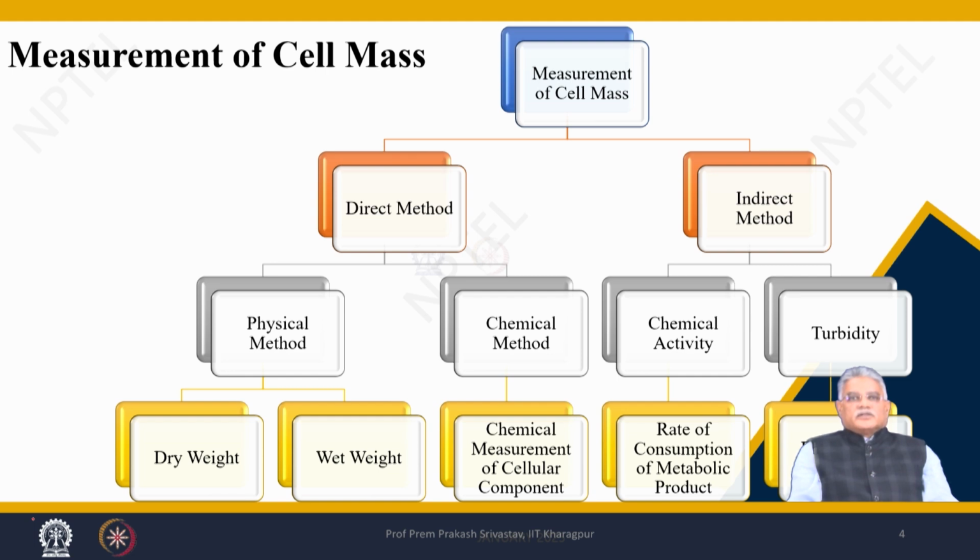This figure represents the different methods of measurement of cell mass. There are two methods, that is direct method and indirect method. The direct method includes physical method and chemical method.